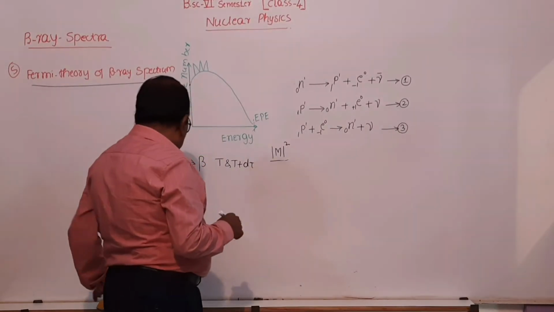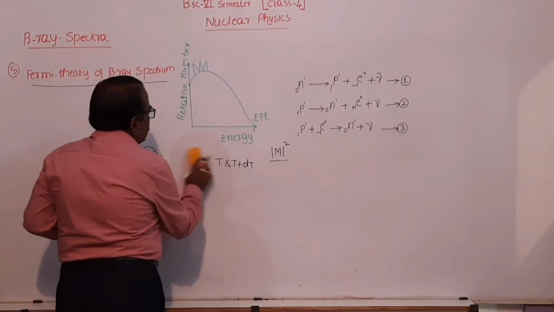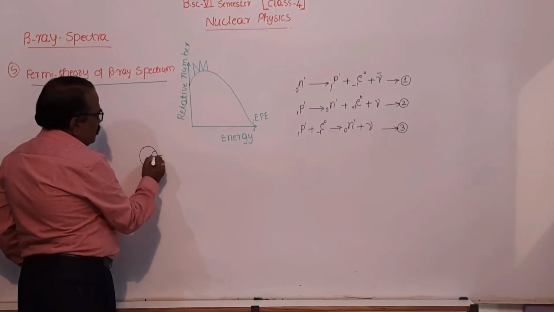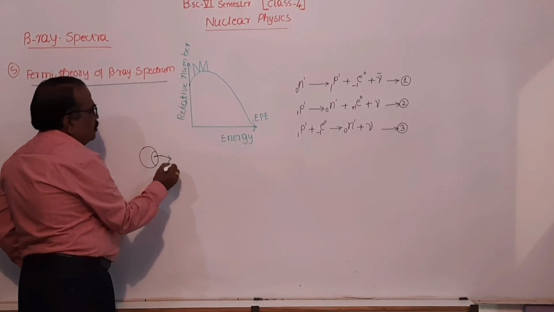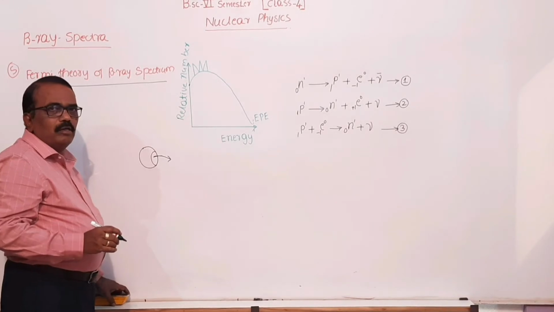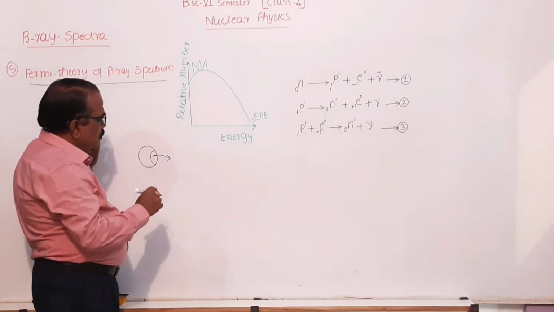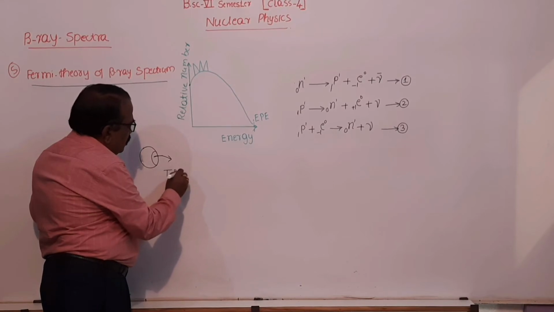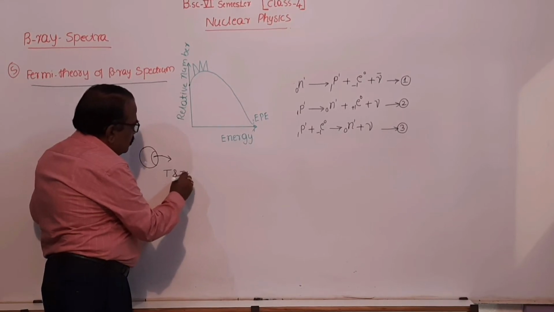That is, the fraction of the radioactive element disintegrated per unit time, giving beta particles of kinetic energy lying between T and T plus dT.